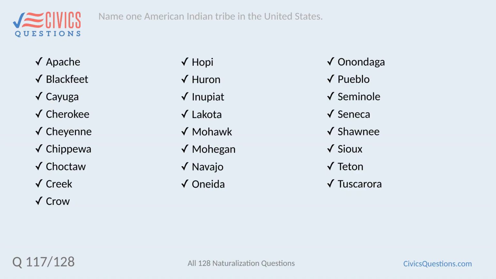Apache, Blackfeet, Cayuga, Cherokee, Cheyenne, Chippewa, Choctaw, Creek, Crow, Hopi, Huron, Inupiat, Lakota, Mohawk, Mohegan, Navajo, Oneida, Onondaga, Pueblo, Seminole, Seneca, Shawnee, Sioux, Teton, Tuscarora.